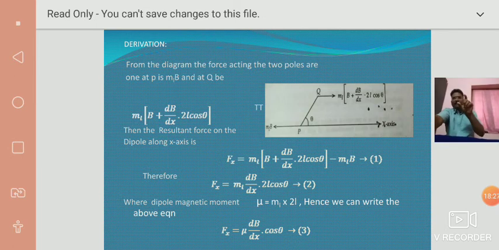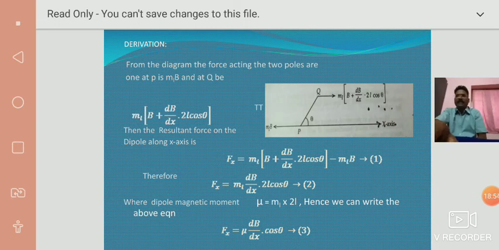What is the length from P to Q? 2L. What is the component of 2L? 2L cos theta in a magnetic field. Now we can write the total pole strength at Q. Remember each and every equation.